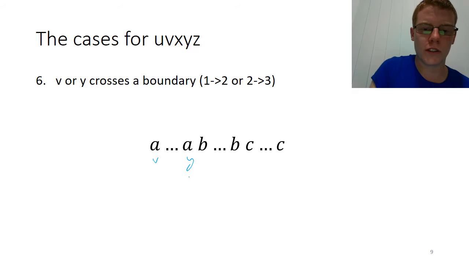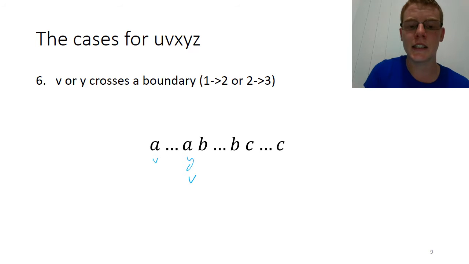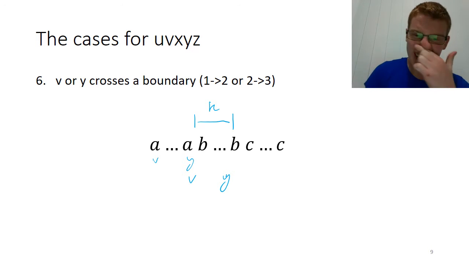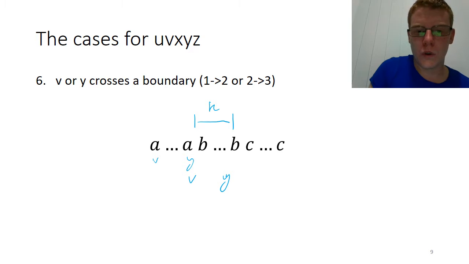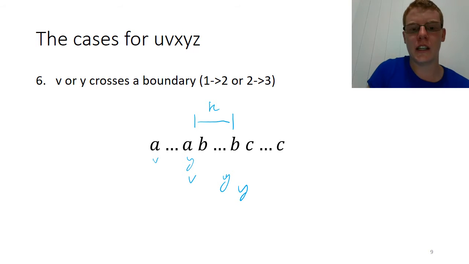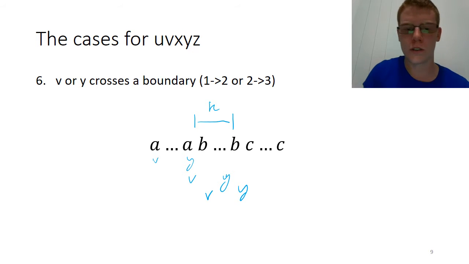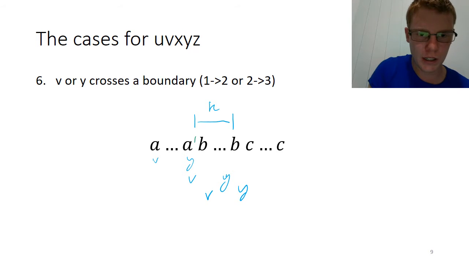Or V could be crossing this boundary, but if it is crossing this boundary and actually has some A's in it, and this section here is K characters long, then we know that Y can't be going over into the C area. So Y has to be completely contained within region 2. Or we could have Y crossing this boundary here, but V will have to be completely contained within this region here.